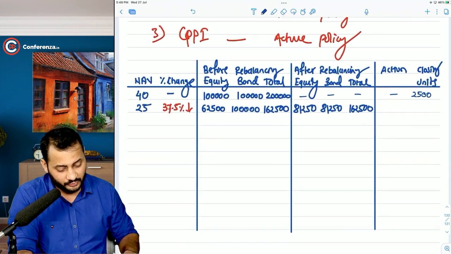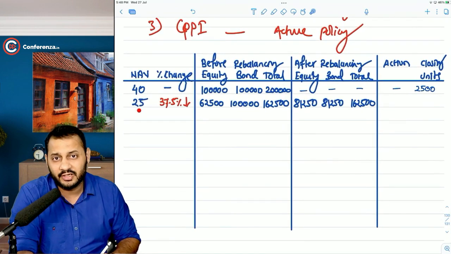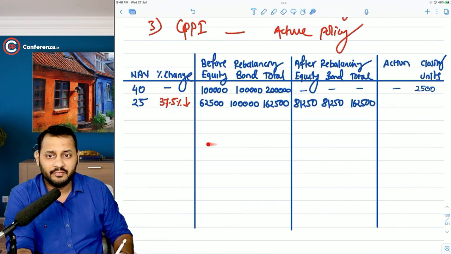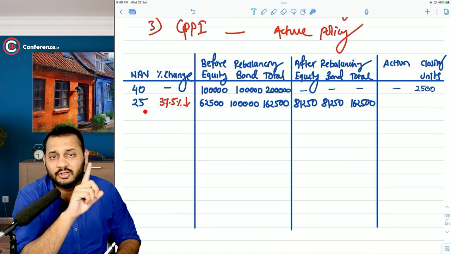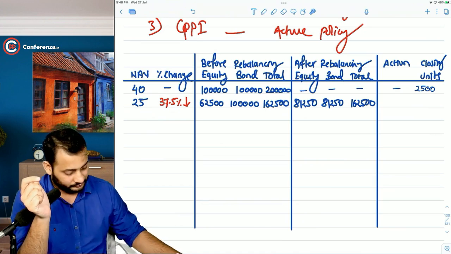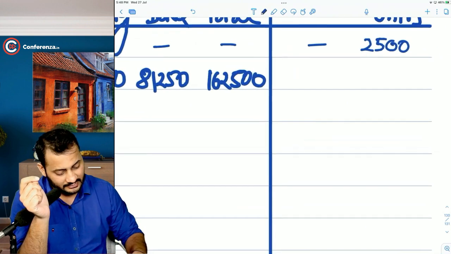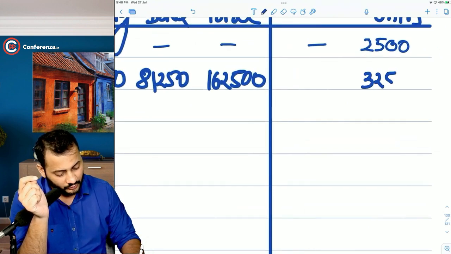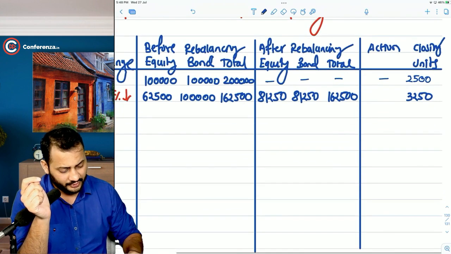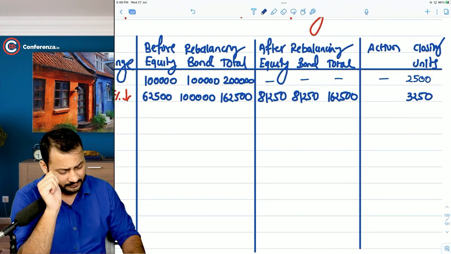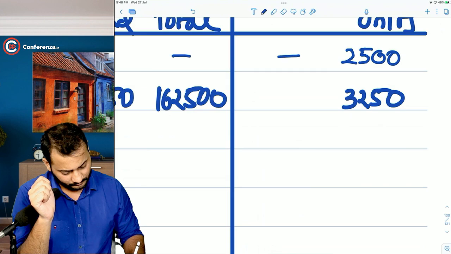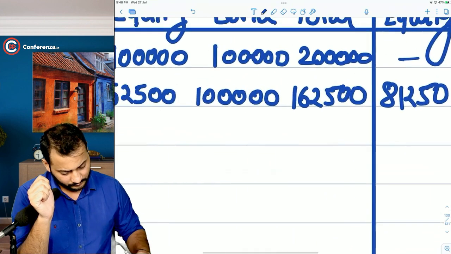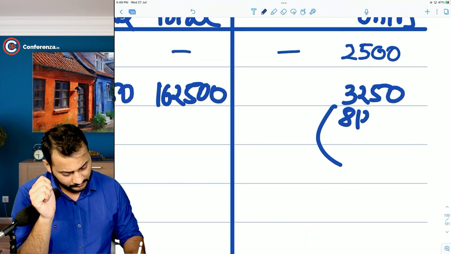Okay. This should be the equity balance and the current NAV is 25. What are you going to do? 81,250 divided by 25 will be the total balance in the closing units. So the total balance should be 3250. How did you reach 3250? Let me just explain that to you. 81,250 divided by 25.